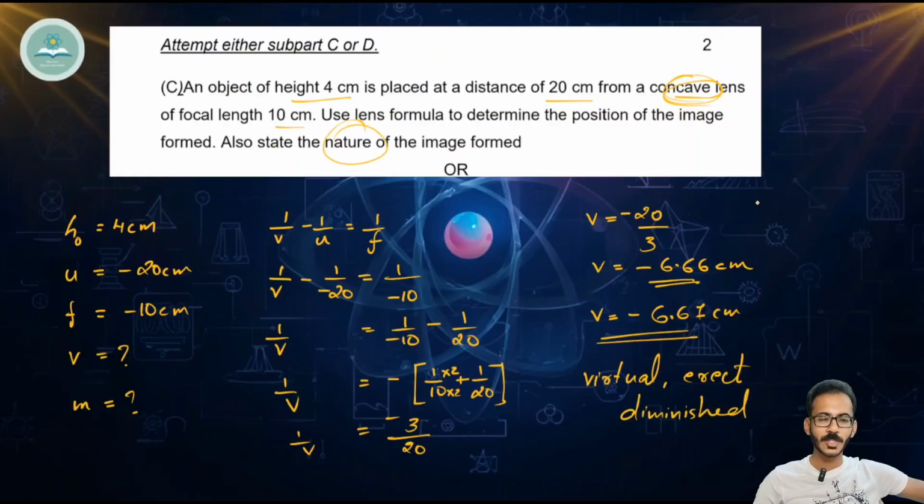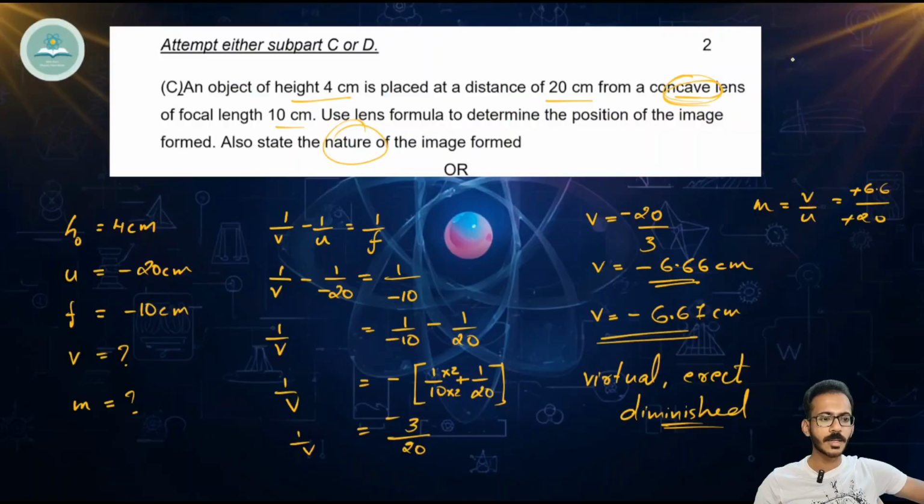If needed, we can use the magnification formula as well. M is equal to V by U. We will get our V value as minus 6 point something. From this we know that anyway 20 won't go in 6, so it will be a value less than 1. If the value is less than 1, the image is obviously diminished. And it's virtual and erect because here there is no minus sign.